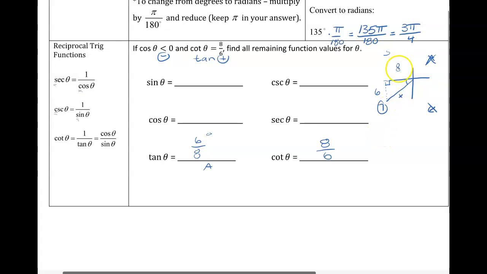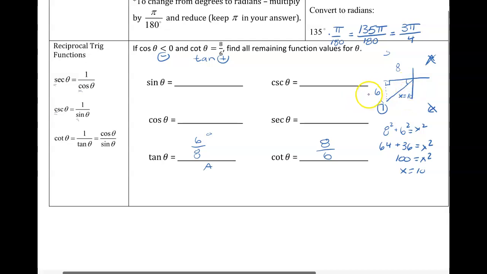So I can quickly do that. I know the two legs, I don't know the hypotenuse. So we have 8 squared plus 6 squared equals x squared. We have 8 squared being 64 plus 6 squared is 36 equaling x squared. That gives us 100 equals x squared, and square rooting both sides gives us x equals 10.